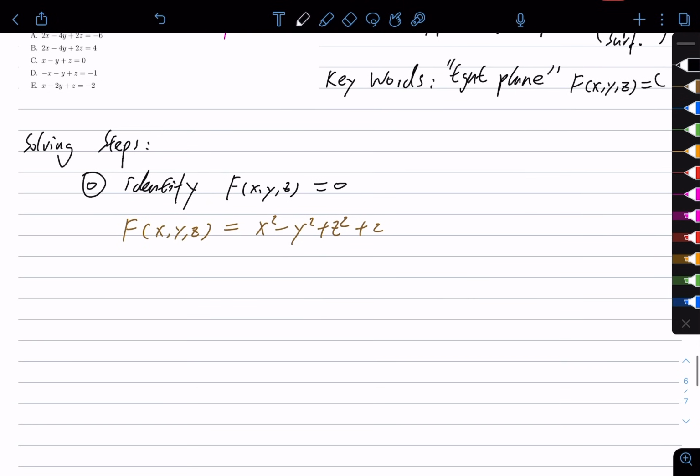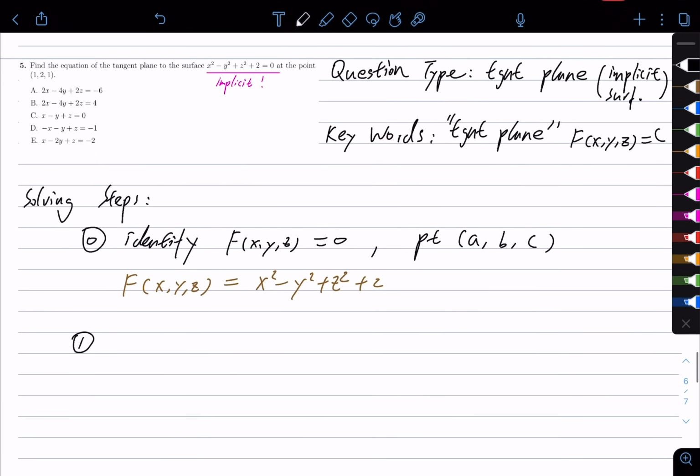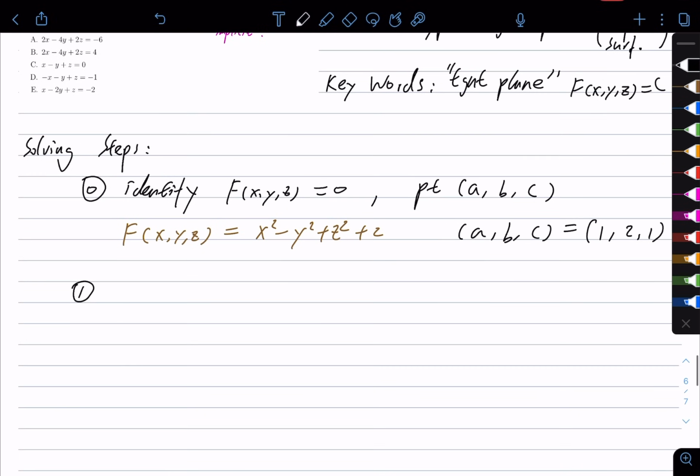So and then the first thing we're going to do is, also, you know what we added, we're going to identify the point as well. So P point of A, B, C, okay? So the point we have is A, B, C equals to 1, 2, 1, okay?